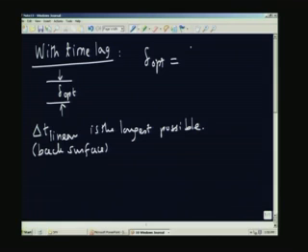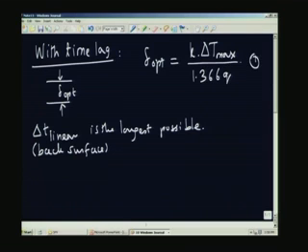If the thermal conductivity of the material of the slug is K, and the maximum temperature it can withstand is T max, then delta optimum is K delta T max, that is the maximum temperature minus initial temperature, divided by 1.366 into Q, where Q is the input heat flux. This is one formula.